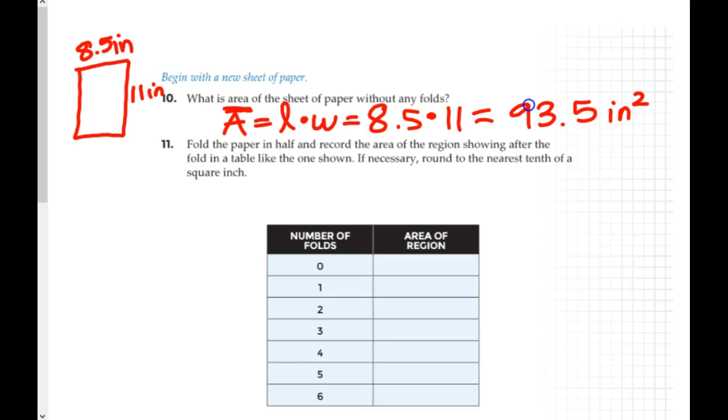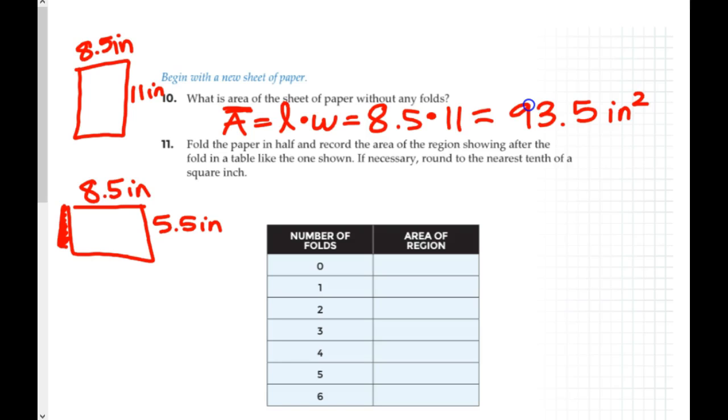Cool. Now, if you fold that paper in half, here's my illustration of folding that paper in half. The 8.5 is still 8.5 wide, but instead of being 11, it's been folded in half. What's half of 11? 5.5 inches.